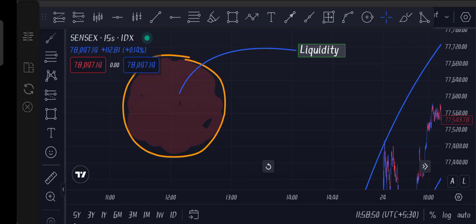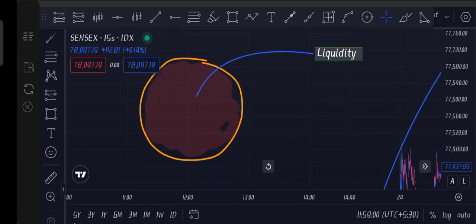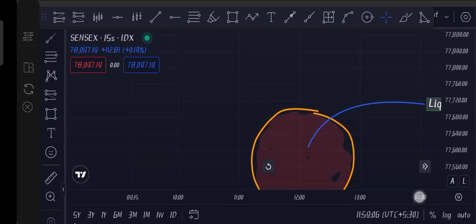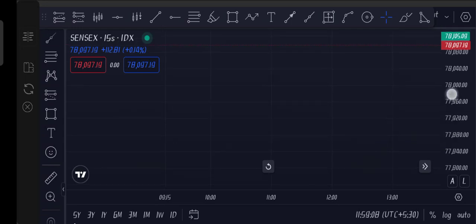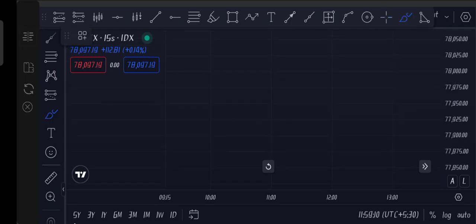Understand? That means the villagers provide liquidity. Liquidity means liquid, means money. Money is provided by someone. This is also a strong example, but I will explain it in simple words.